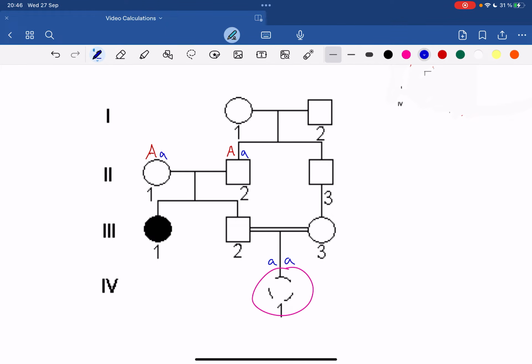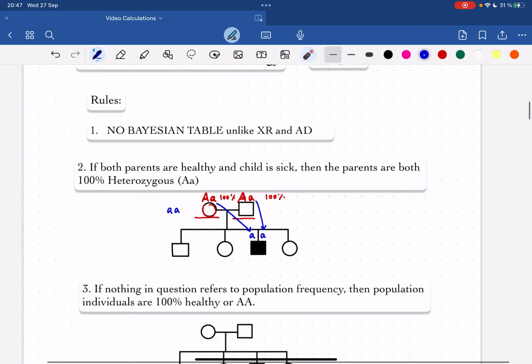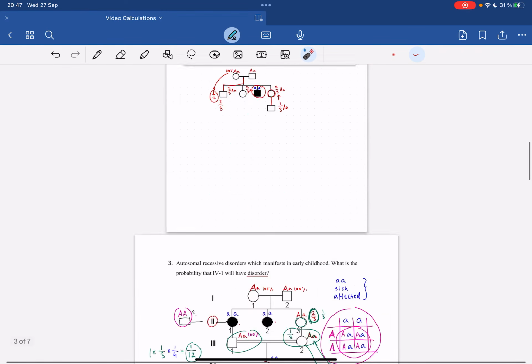heterozygous. Why is that? Well, this person and this person are A, healthy, so they have to have at least one dominant allele, and B, they have an affected kid. And remember rule number 2? If both parents are healthy and the child is sick, then the parents are both 100% heterozygous.